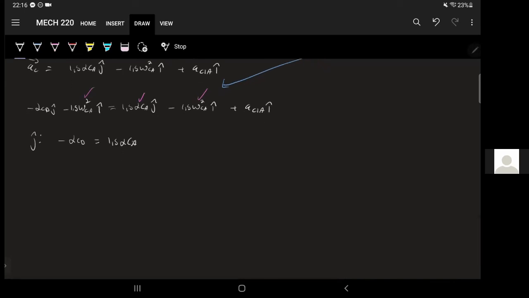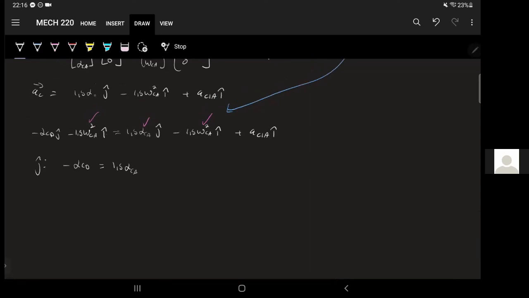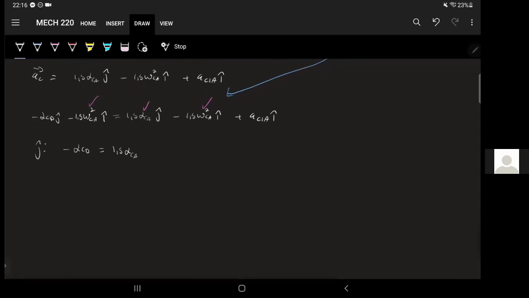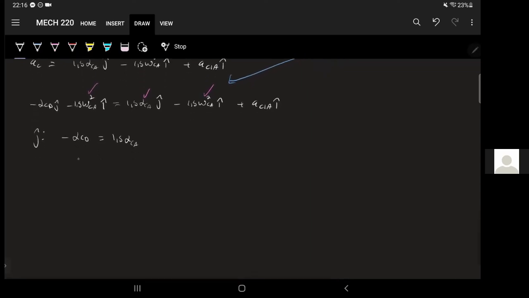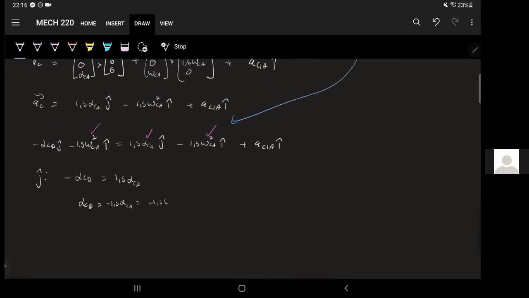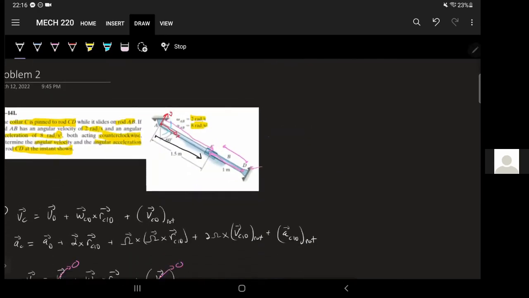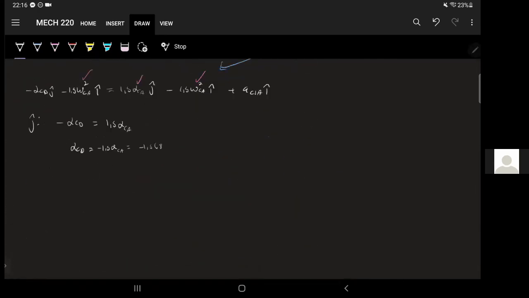Therefore, alpha CD is going to be minus 1.5 alpha CA, which is minus 1.5 times, as given in the question here, 8 radians per second squared, which is equal to minus 12 radians per second squared.